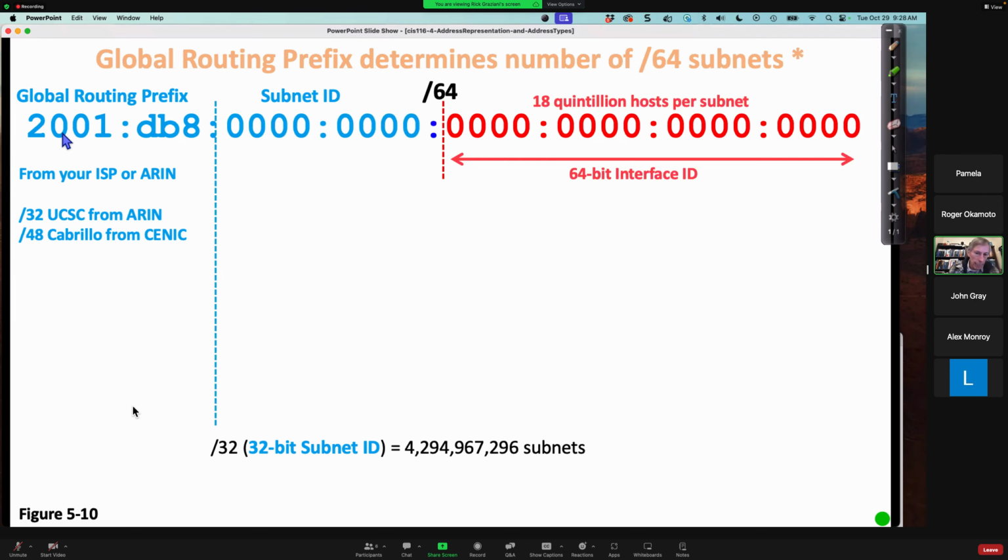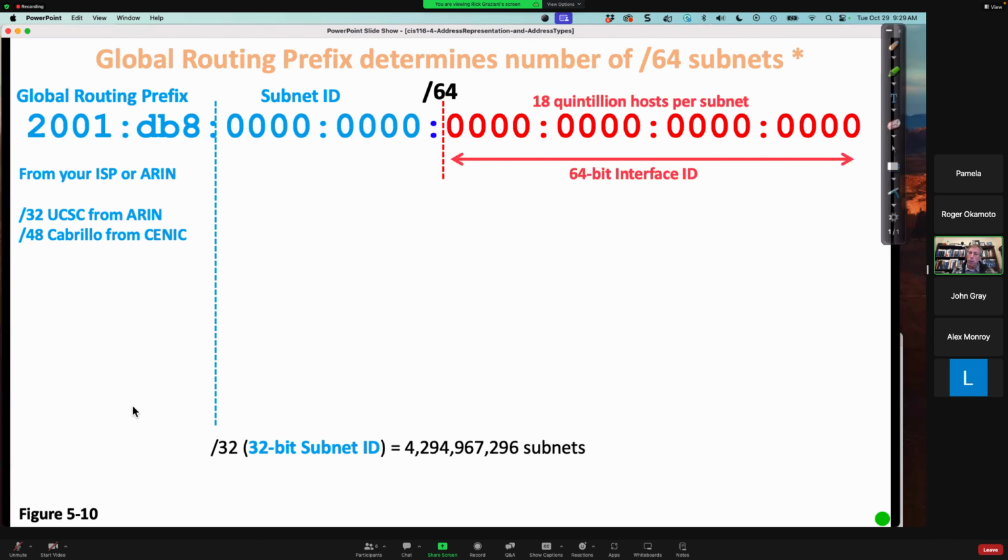Now, here's what's amazing. What they have for a subnet ID, and they didn't get a big portion of IPv6. This is not big comparatively to the IPv6 address space, 340 undecillion addresses. They got a subnet ID of 32 bits. 32 bits is their global routing prefix, but they have another 32 bits to create subnets. Look how many subnets they can create. 4.29 billion subnets.